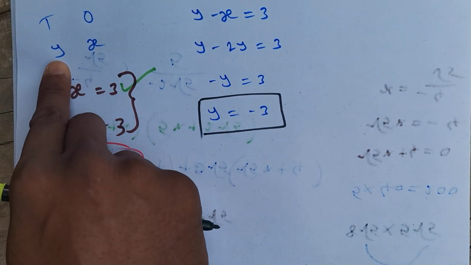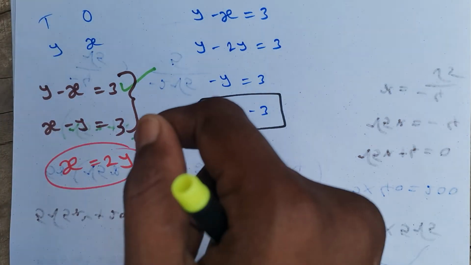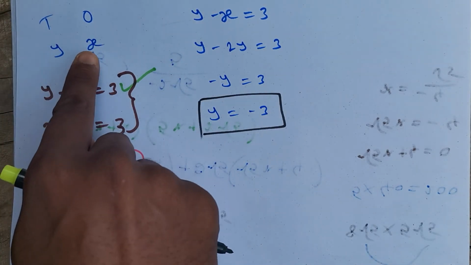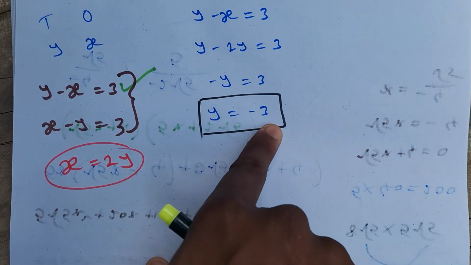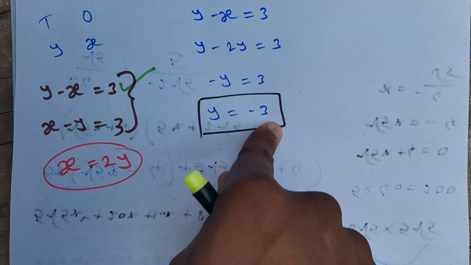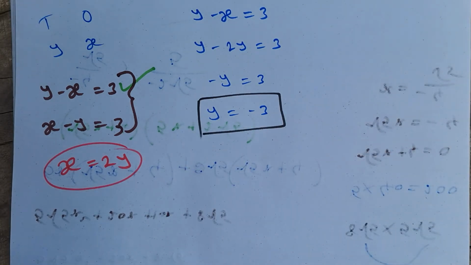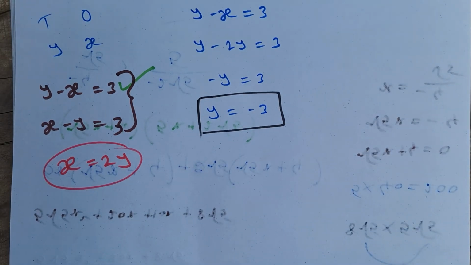Y is nothing but the tens place. After reversing, the ones place will become y, so the ones place is minus 3. Minus 3 won't be there because these are digits, and digits should compulsorily be positive, not negative. So this is not required for us.